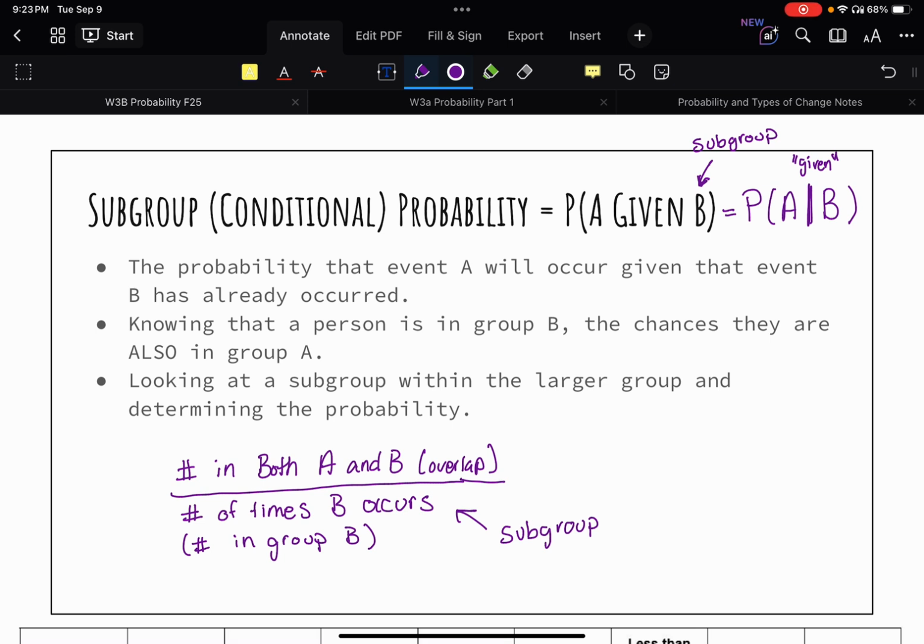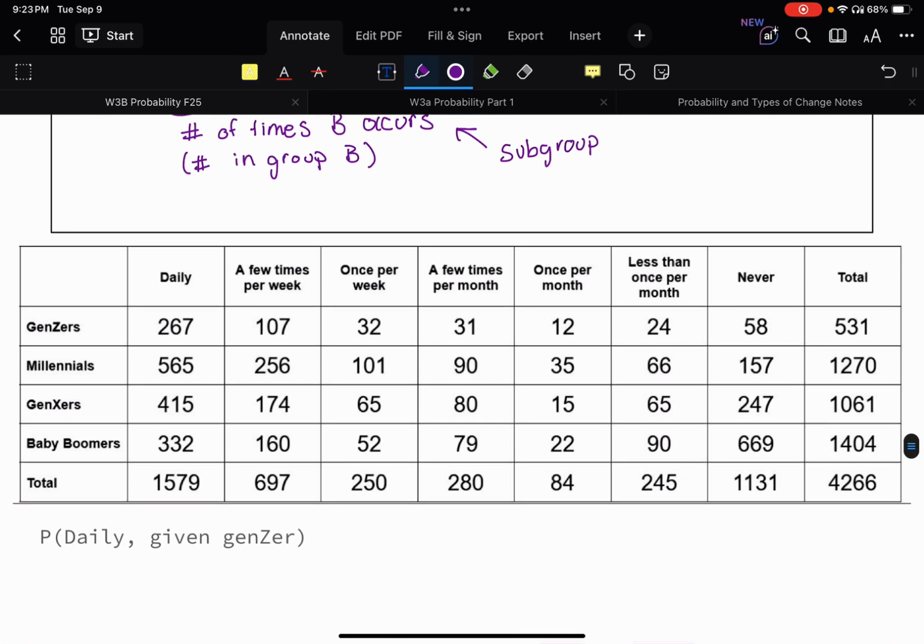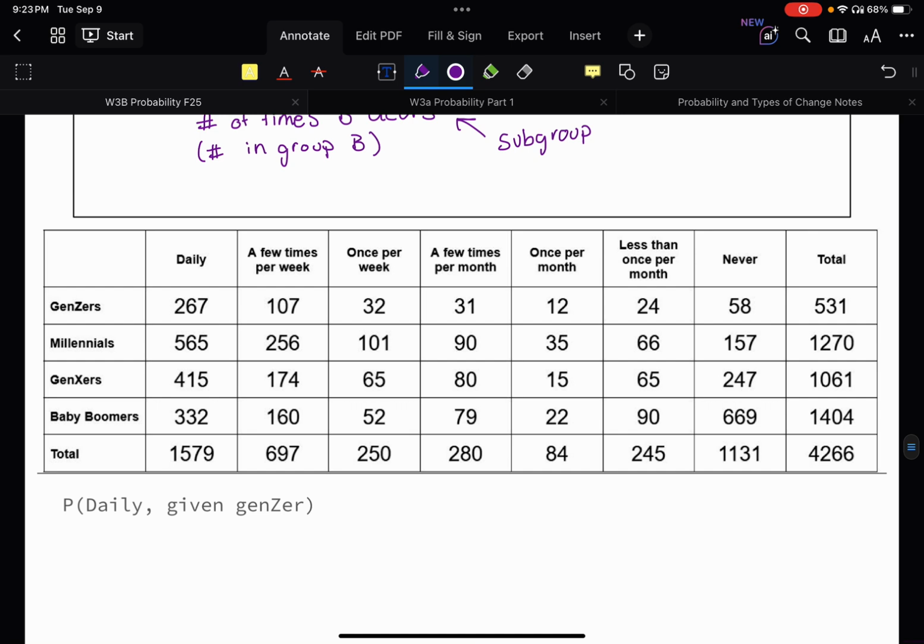I'd say the hardest part with conditional probability is interpreting the question to figure out the subgroup. So you want to look for words like "given" or "knowing that" a person fits in this group, or some sort of language like that. So I'm going to give you a potential one. We have probability of daily given Gen Zer.